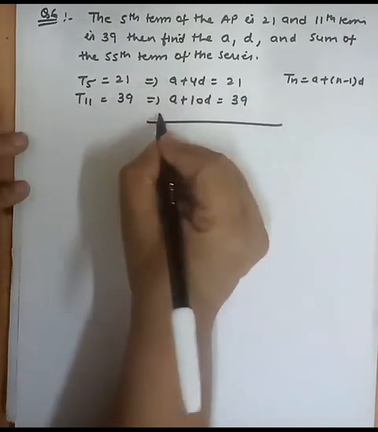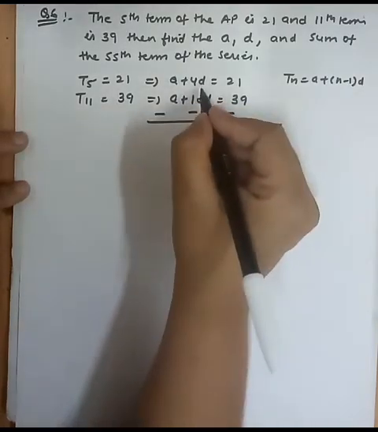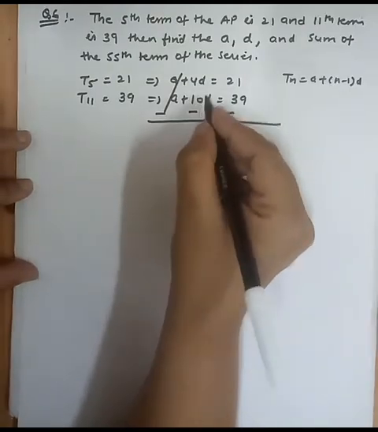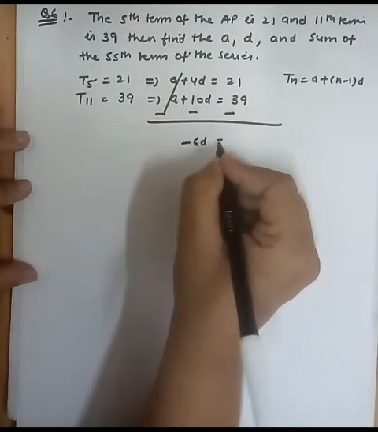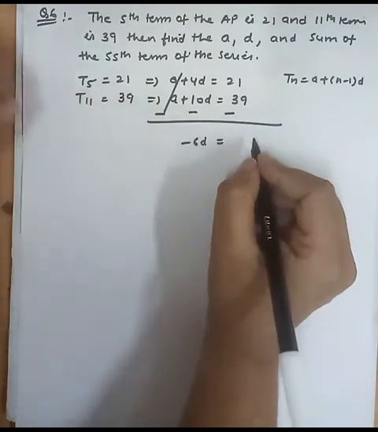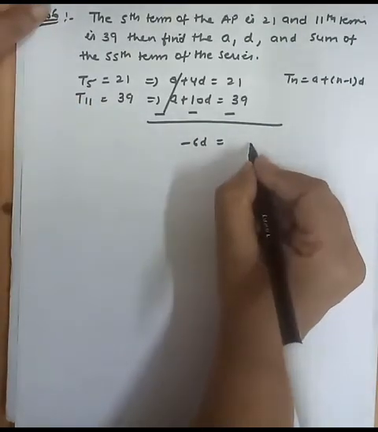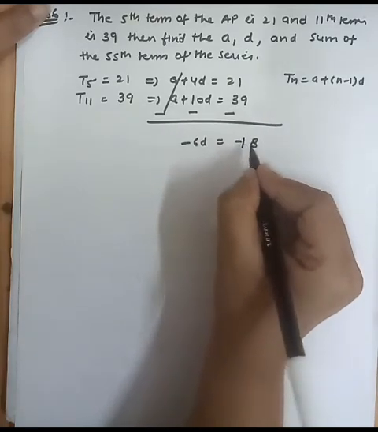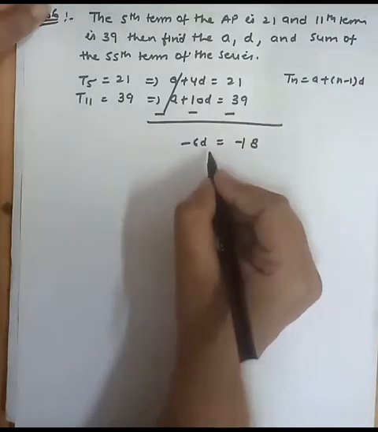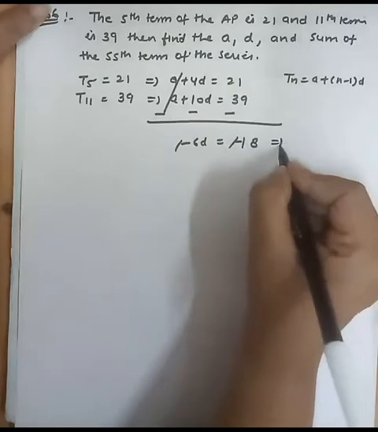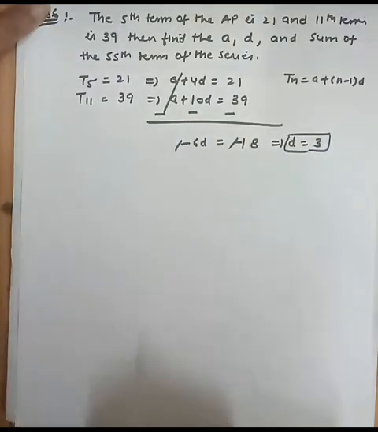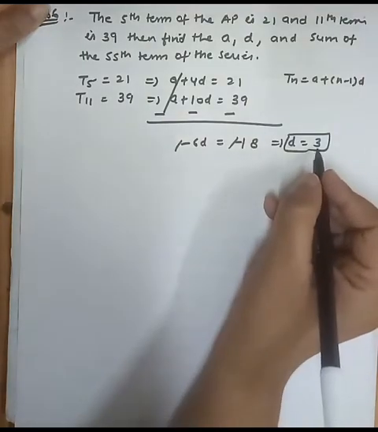We get the A and d. So first take the subtraction. So A is cancelled, and here we get minus 6d equals 21 minus 39, it means minus 18. Okay, so we get d equal to 3. Now put the value of d equal to 3 in any equation.